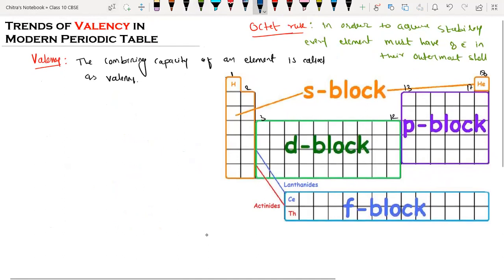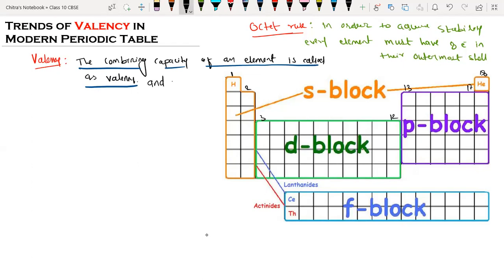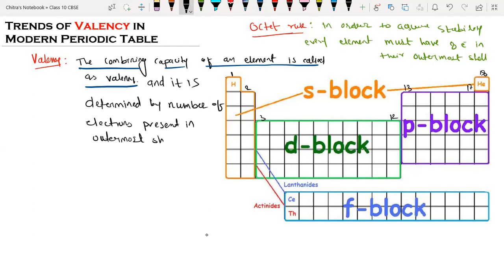The combining capacity of an element is called valency, and it is determined by the number of electrons present in the outermost shell of an atom.